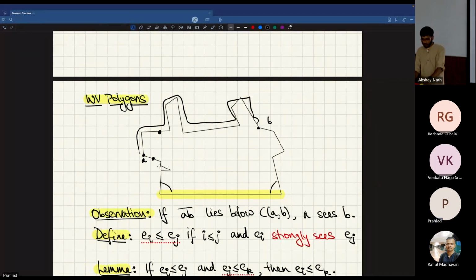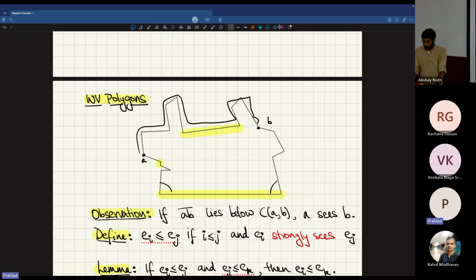Okay. So for example, here we could have this edge and this edge, which strongly see each other. Every point in this sees every point in that.